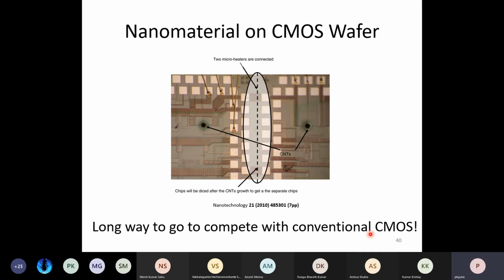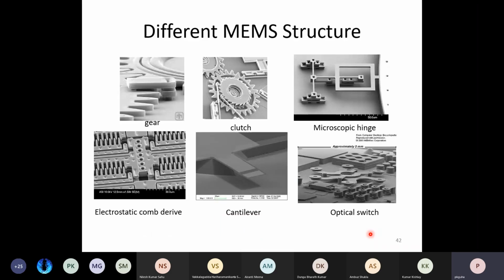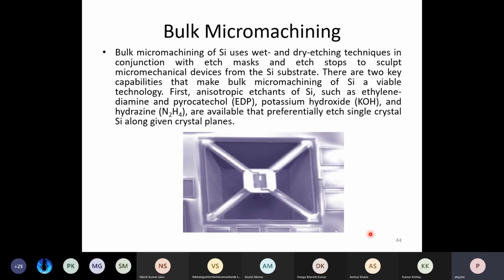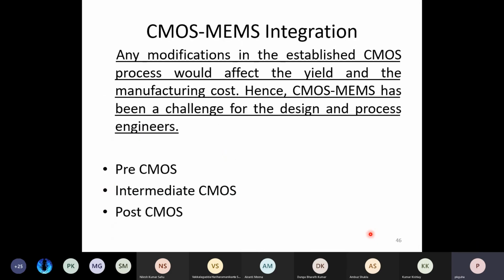You can integrate such nanomaterials at different points of your CMOS fabrication. Let me skip all this. These can be pre-CMOS, intermediate CMOS, or post-CMOS.